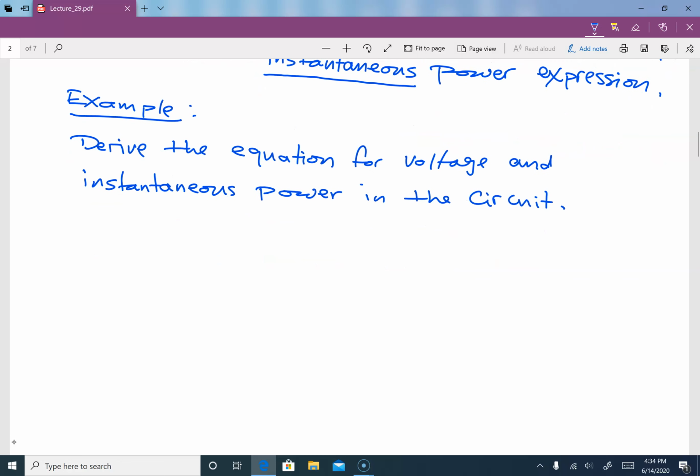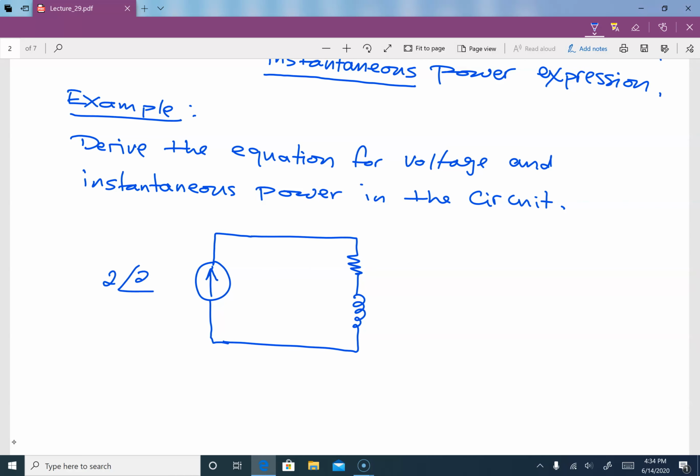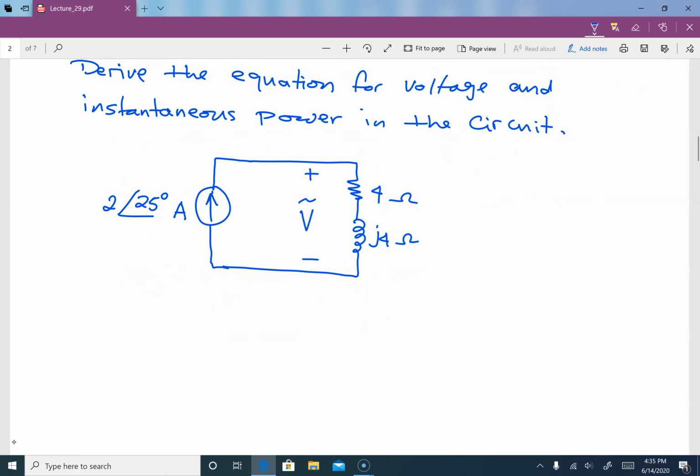This is our circuit here. The current is given as a phasor, 2 with angle 25 degrees, in amperes. The impedance here is 4 plus j4 ohms. And this is where we need to find our voltage V.